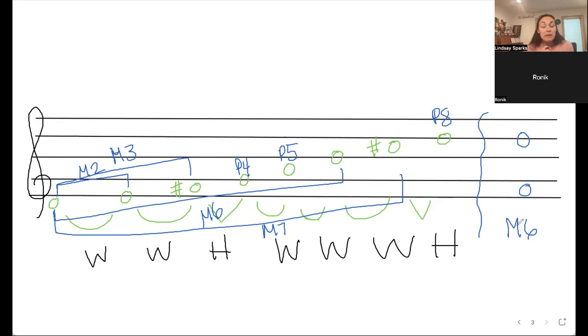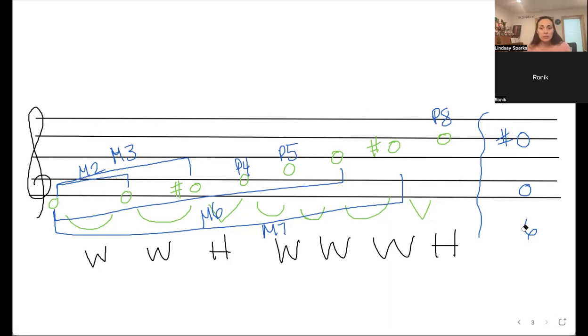So that ends up being a quick way to get to quality, at least major or minor quality. Now, let's say I had this F to D sharp. Whoa. Okay. Well, it's not part of the major scale, right? Because I'm thinking about my F major scale and I only have a B flat.